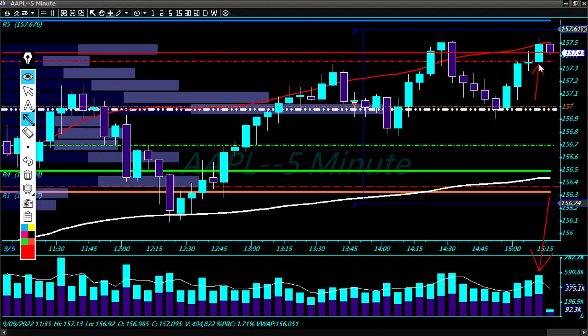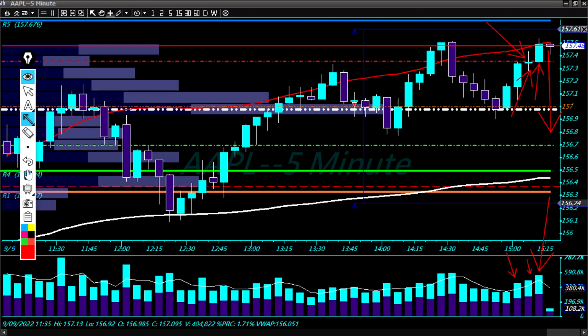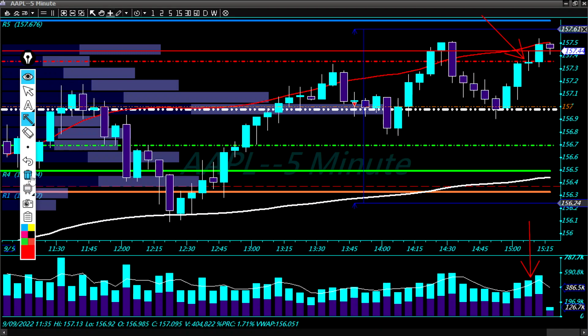There's nothing really saying this is definitely gonna pull back down. Everything is looking good, rising volume, price is pushing up. This is a weak signal right here, that little doji candle with heavy volume, but we'll see.